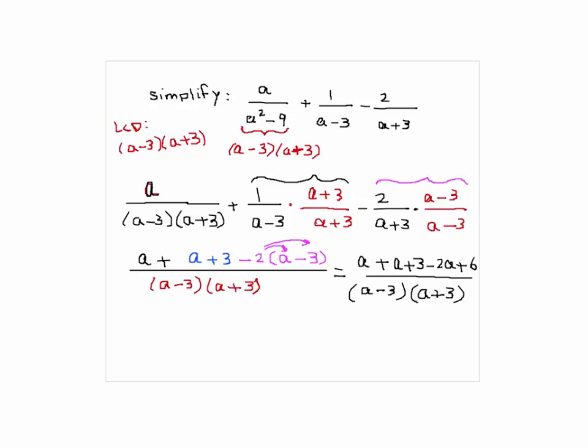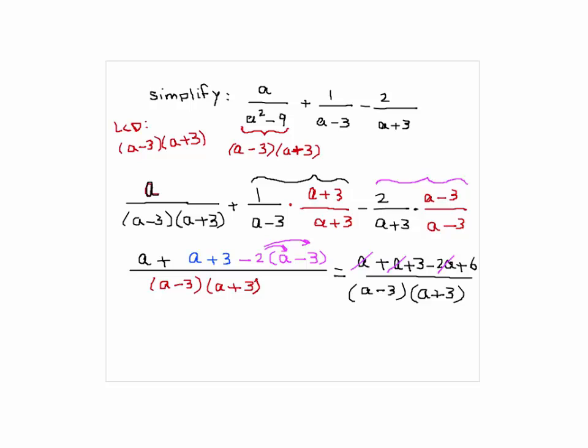Okay, so here I have a plus a, which would be 2a, and then minus 2a, that adds up to 0. All the a's cancel each other out here. So a plus a is 2a, minus 2a would be 0.